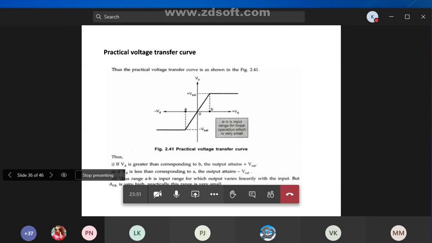In the second case, if Vd is less than A, if Vd is less than this point, the output is constant, that is minus Vsat. Here AB is the input range for linear operation. This range is small. So it is the practical voltage transfer curve.